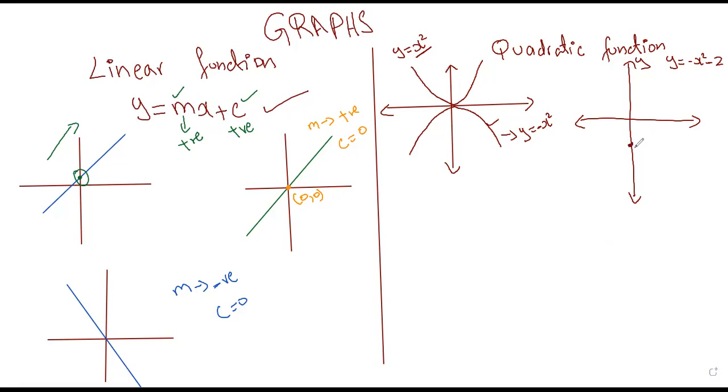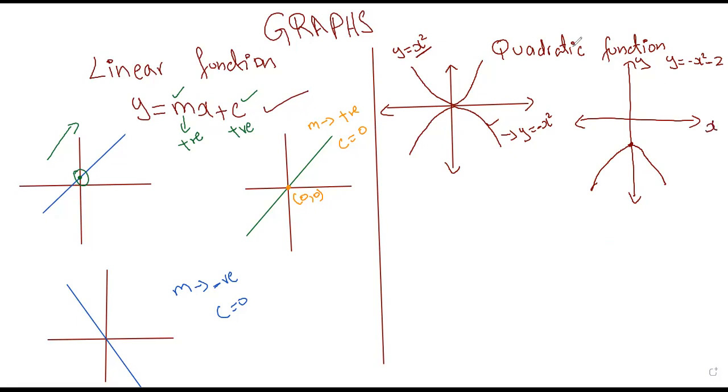And would it be upward or downwards? Downwards, like this, okay? Yes. So here it is not cutting the x-axis, so we don't have to find the values and do it that way.